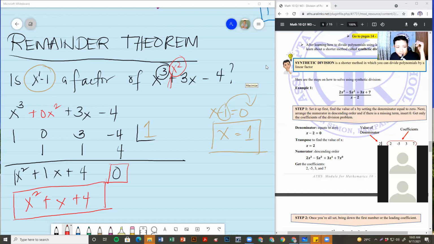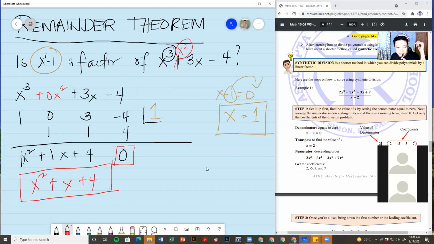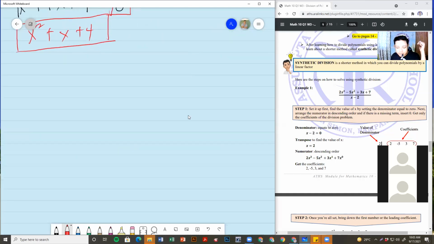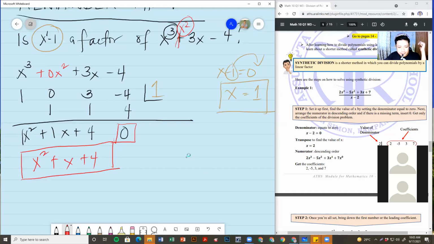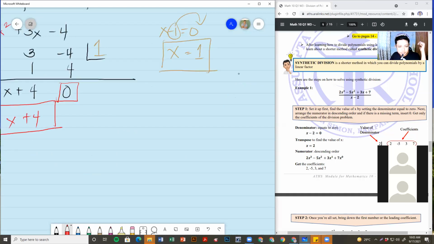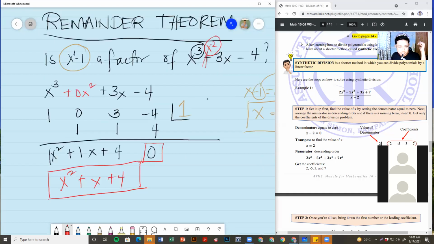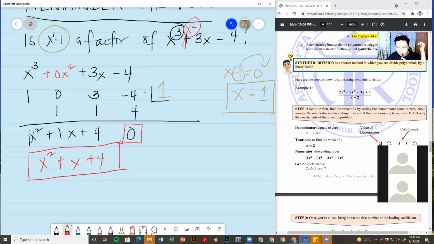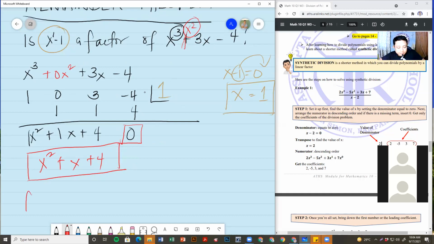Correct. So, what about if we do naman the process of substituting? For example, we have f of 1 is equal to x cubed plus 3x minus 4.